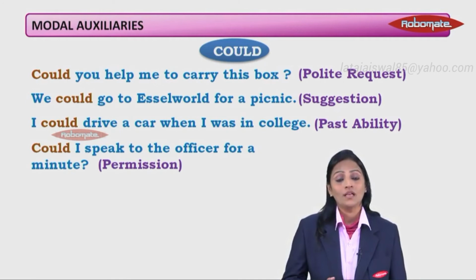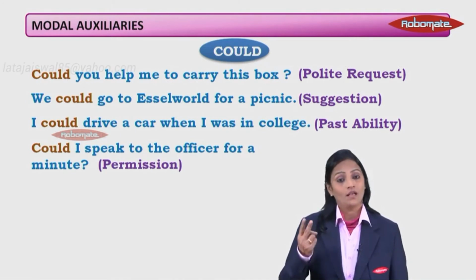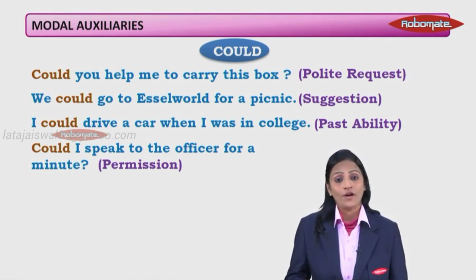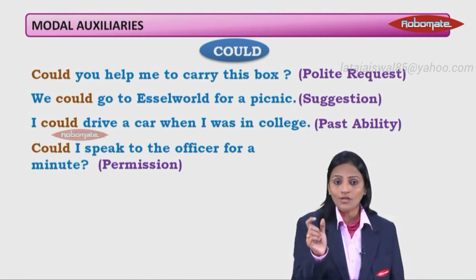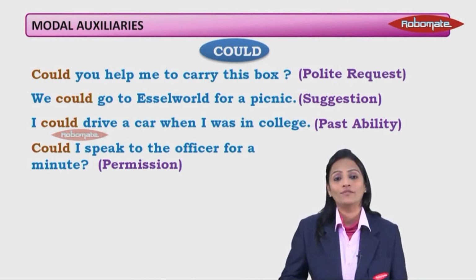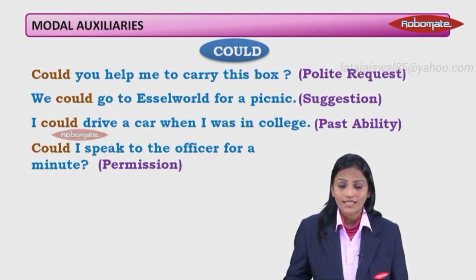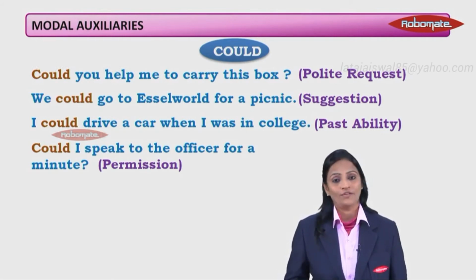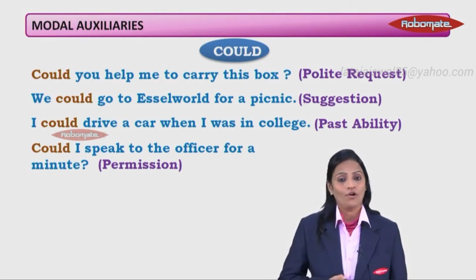Students, can you see for can we had two functions, permission as well as ability. But if you look at could, there are so many functions: polite request, suggestion, past ability, permission. So just the word could will not be able to tell you the function. You have to read the whole sentence and understand what exactly is the meaning of the word over there, or the function of the auxiliary.